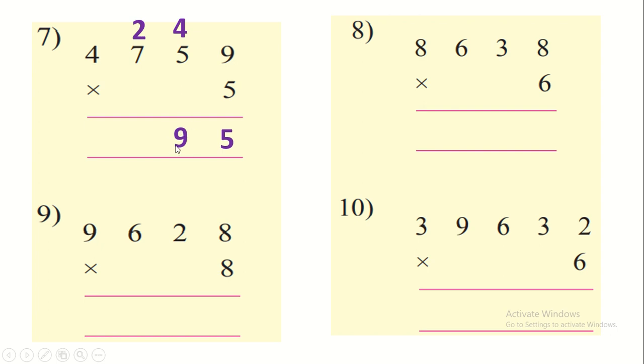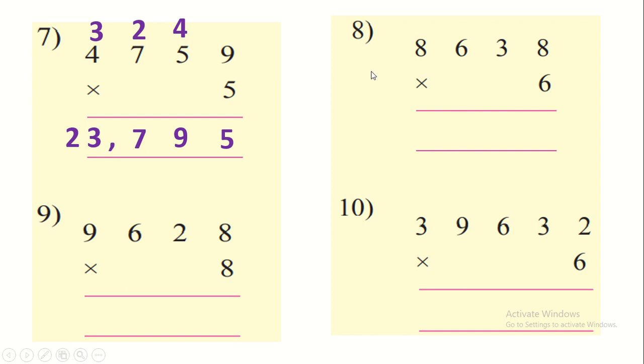Write 9. Carry 2. 5 times 7 is 35, plus 2 is 37. Write 7. Carry 3. 5 times 4 is 20, plus 3 is 23. Your answer is 23,795.